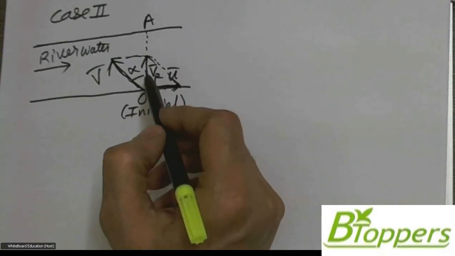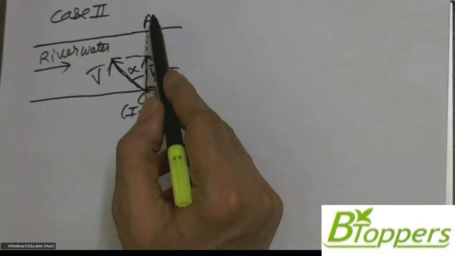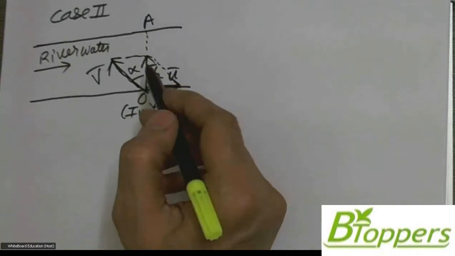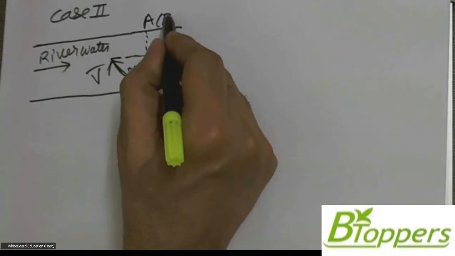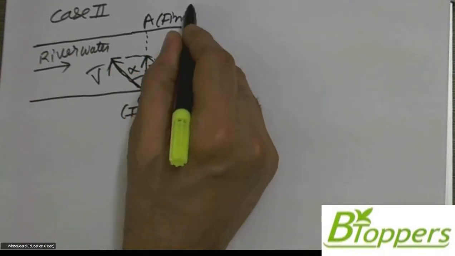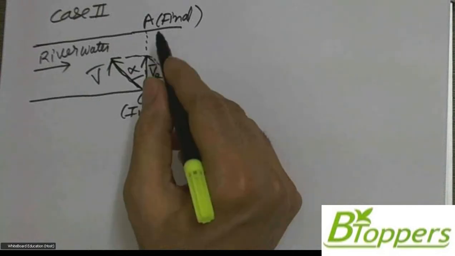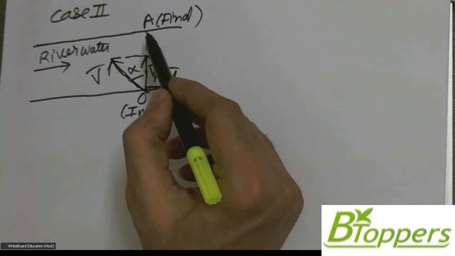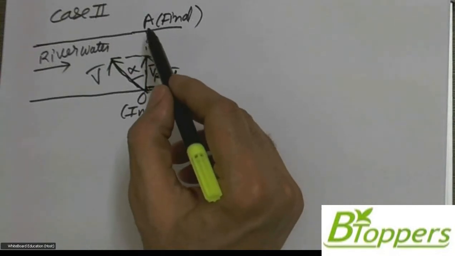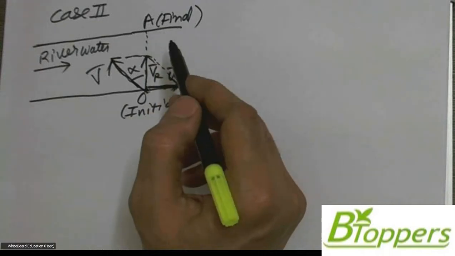So here the resultant of V bar and U bar is directed towards the opposite point A on the other bank. That means the boat travels along the line OA while crossing the river along the minimum distance path. Or you can say A is the final position of the boat on the other bank.